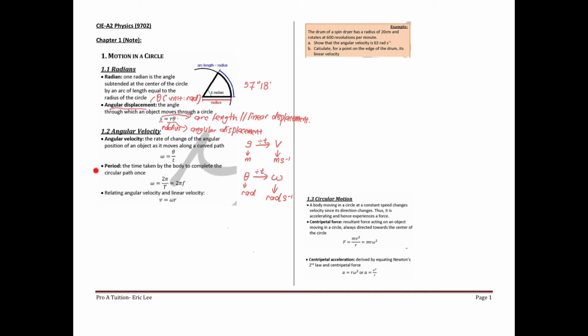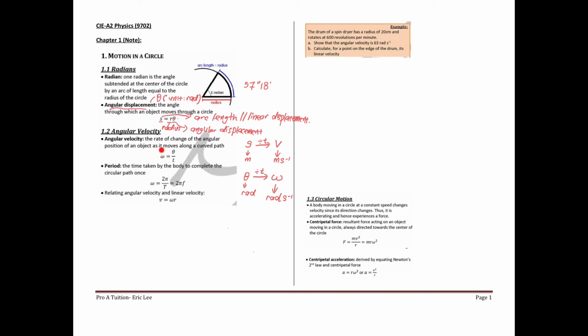Now let's look at the next point, period. The time taken by the body to complete the circular path once. When they say complete the circular path once, that means the particle makes a complete circle, and the time taken for the particle to move a complete circle is called a period. Let's look at the basic formula again.